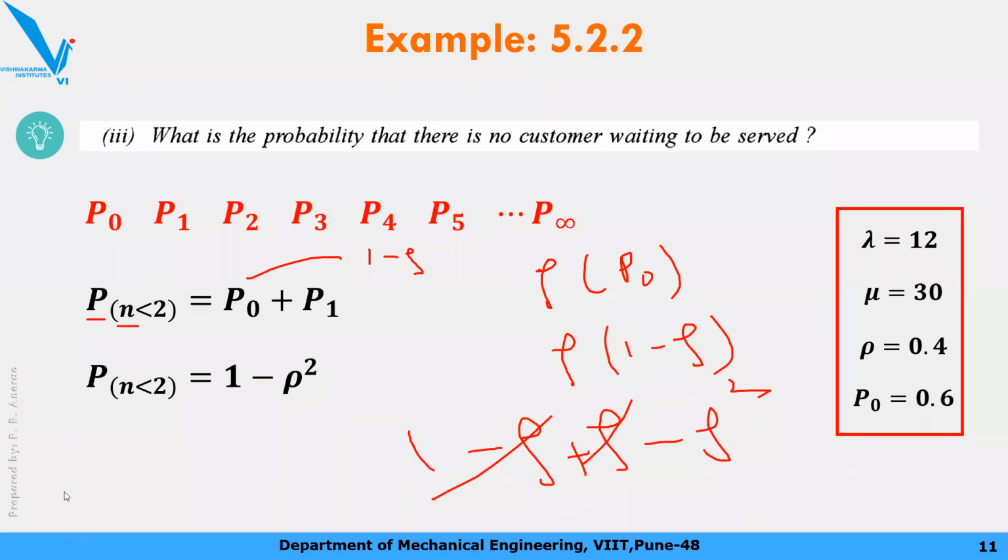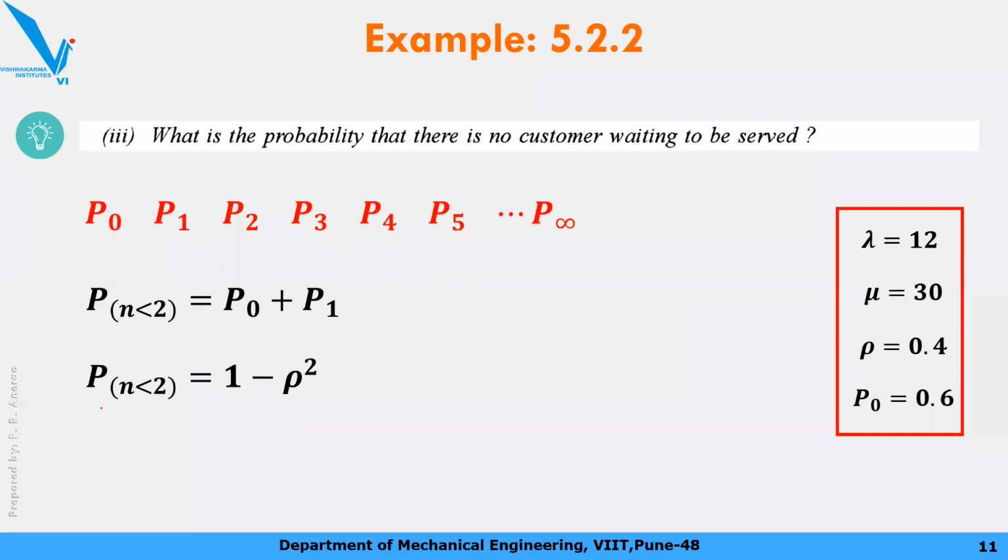Okay, so you can have a generalized formula for that. Probability of having number of customers less than x is equal to 1 minus rho raised to x. You can use this formula. Earlier formula, generalized formula क्या था?